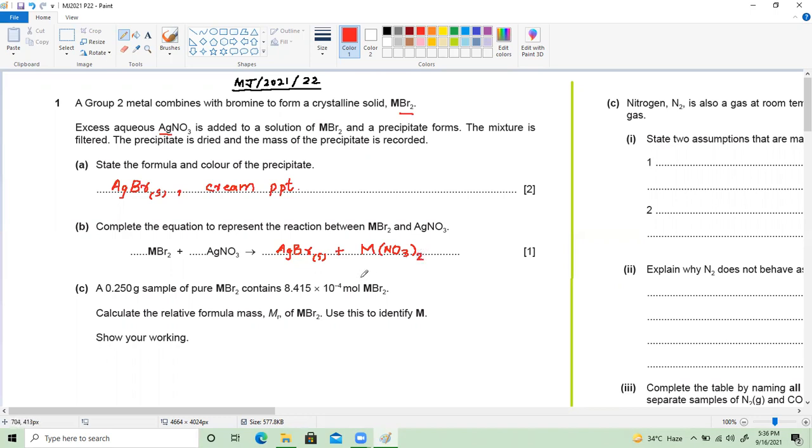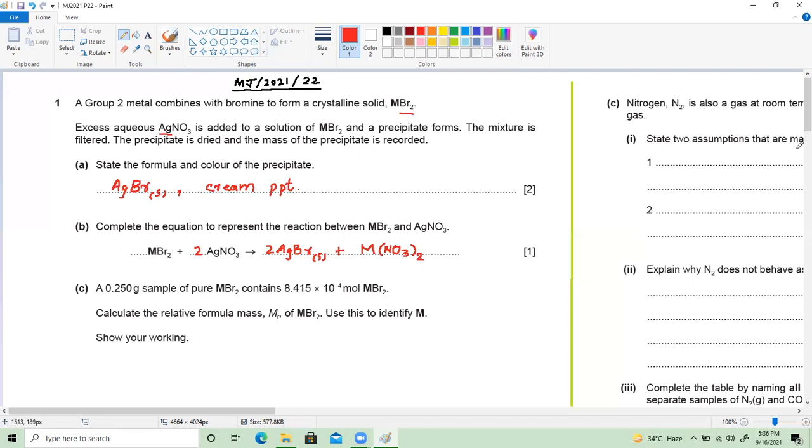Therefore, the formula for this nitrate should become M(NO3)2. We also need to put 2 here and 2 here with silver nitrate in order to balance the chemical equation. So now the equation is balanced as well.